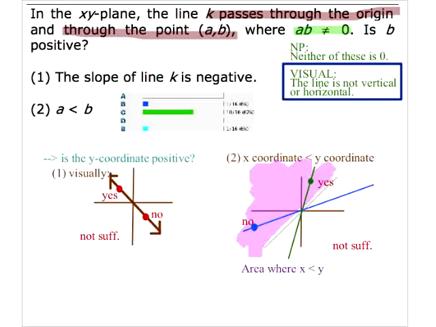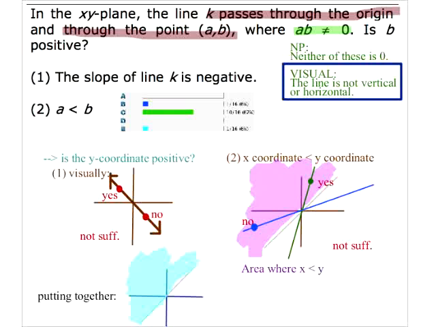If you put them together, then let's see what we've got. If you put these statements together, then you need a negatively sloping line that goes through that area. If you think about that, then your point's got to be in the blue area here, but your line's got to be negatively sloping.